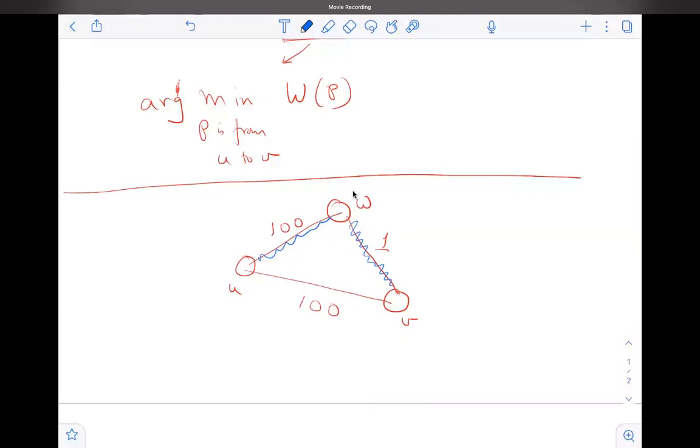But actually the minimum distance is 100. So the minimum spanning tree does not give you the minimum distance. This is a very important thing. It doesn't necessarily give you the minimum distance between them.